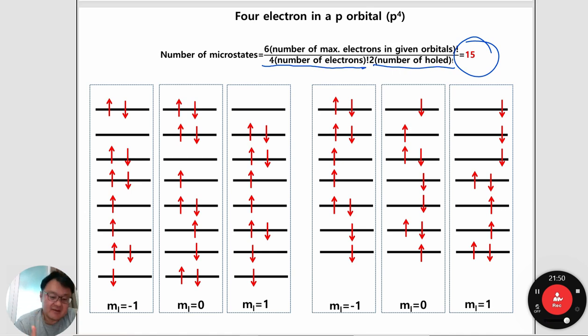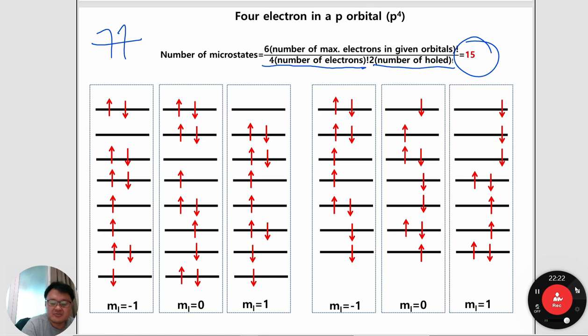The only thing you should be very careful about is that the Pauli exclusion principle is a law that should be obeyed. So you cannot put 2 electrons like this. That is impossible. Besides that, you can think about all different possibilities. Then you can come up to 15 different configurations for having 4 electrons in p orbitals with 3 different magnetic quantum numbers.